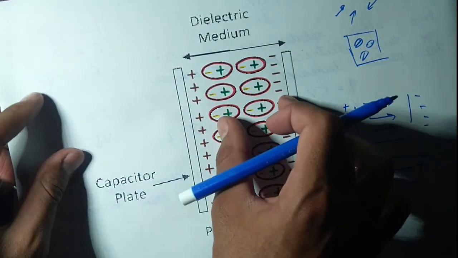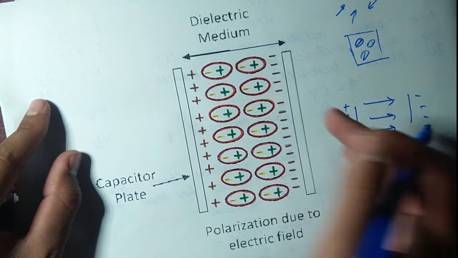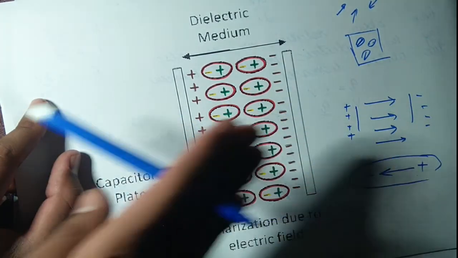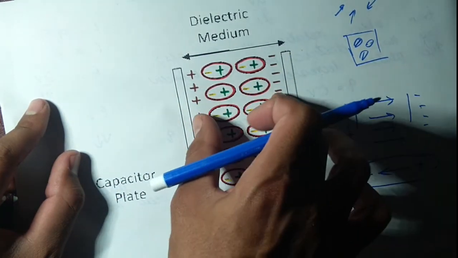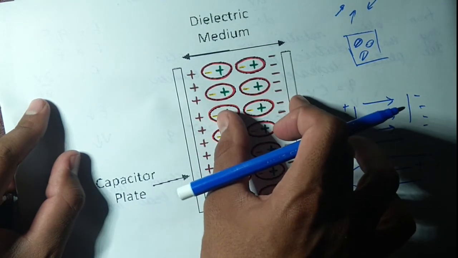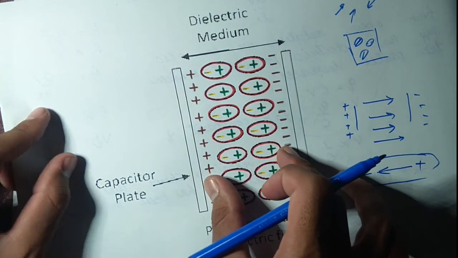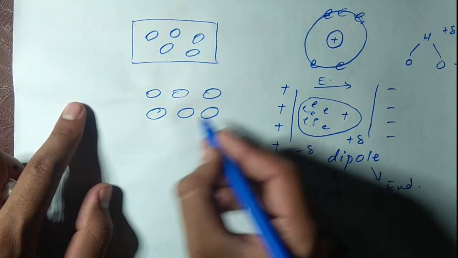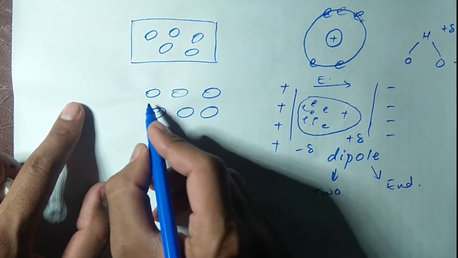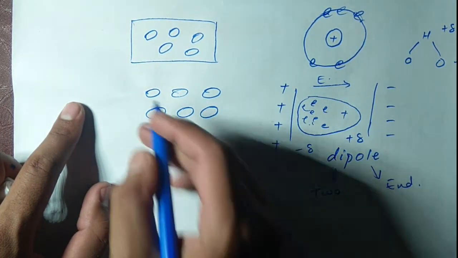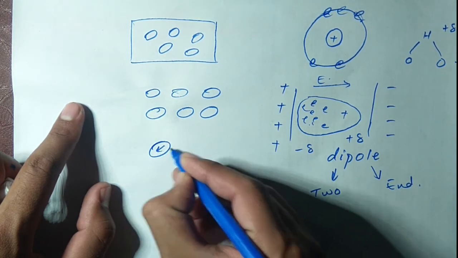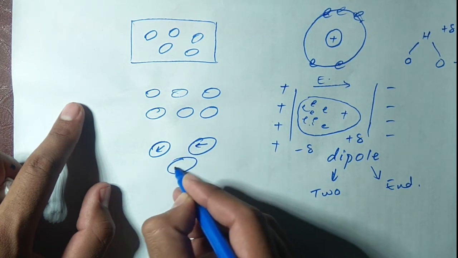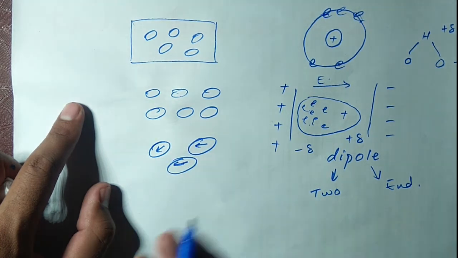Now because of this polarization, they have some effect, just like an electric field has electric field lines. This dipole moment has a vector which is called the polarization vector. So let's say when they are not aligned, one is in this direction, another in this direction, and another slightly in this direction.